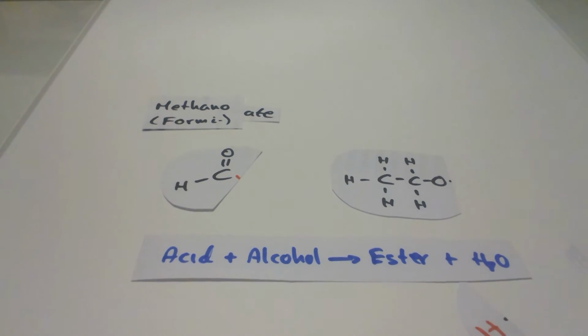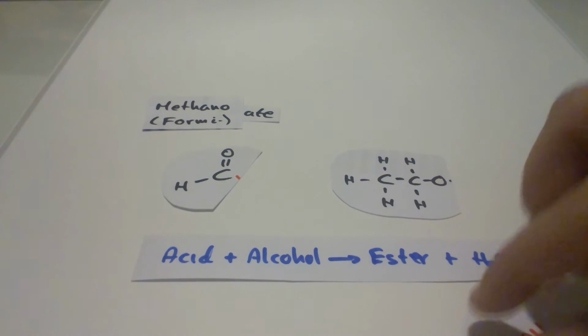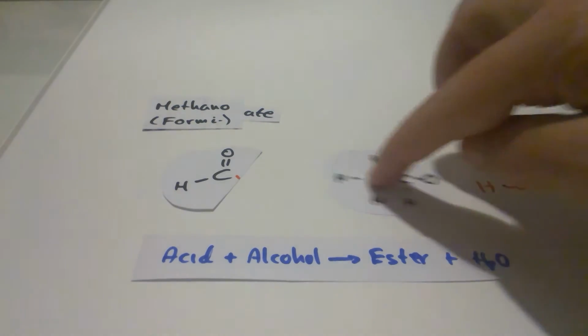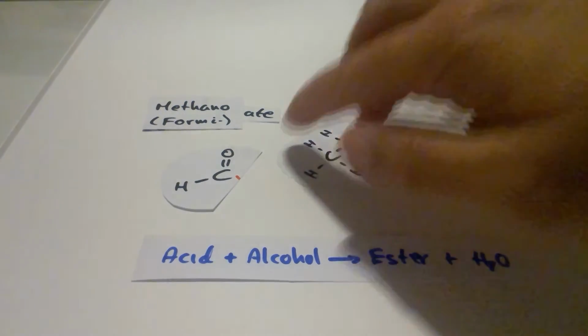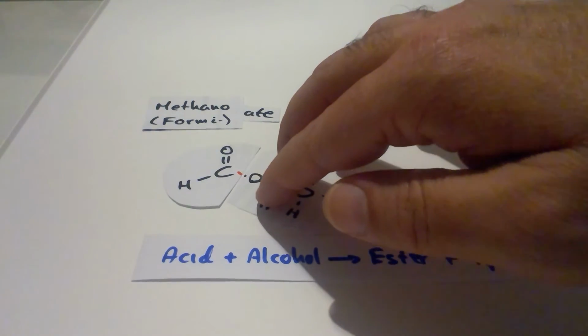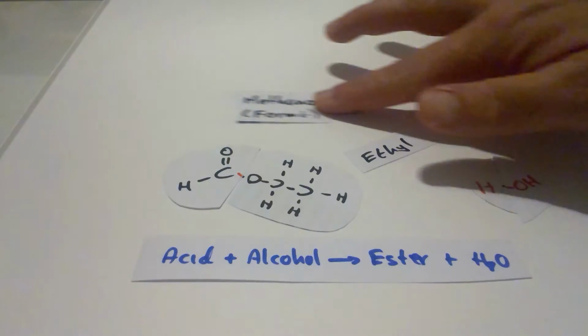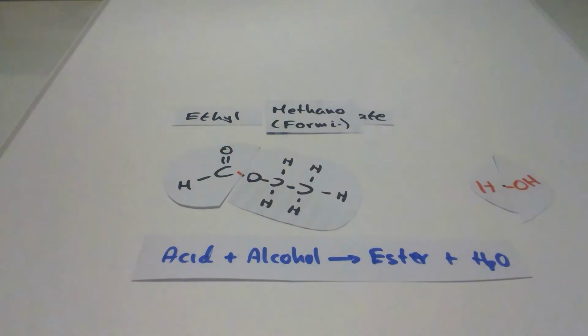Okay, so we are having some water being produced, and we are having this other ending that will join with a part of the methanoic acid, so it will still be a methanoate or formiate, because the fragment we have added has two atoms of carbon. We know it is going to be an ethyl group. Therefore, the ester that we will form will be the ethyl methanoate.